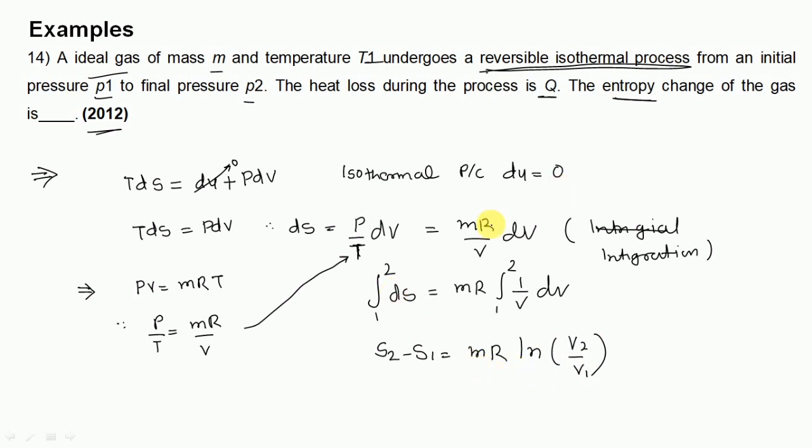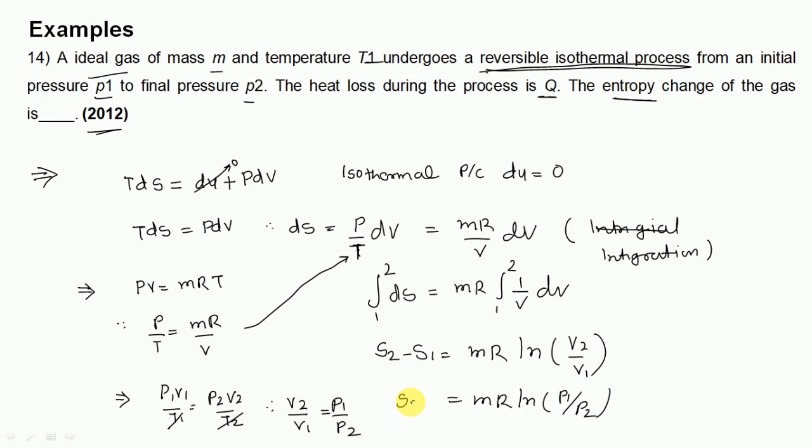Also, this is an isothermal process, so if we write the PVT relation, P1 V1 upon T1 is equal to P2 V2 upon T2, but temperature is constant, so T1 and T2 cancel out. So V2 by V1 equals P1 by P2, and I can write the same equation in that way.